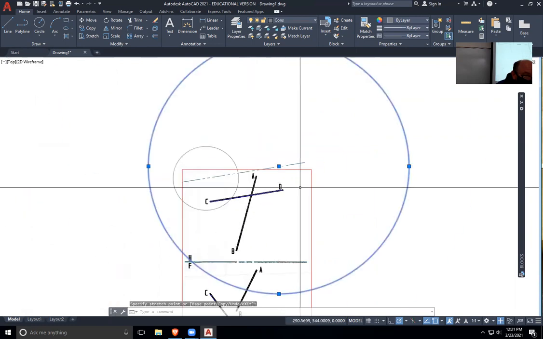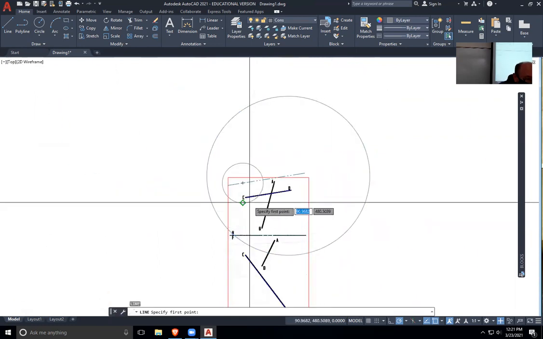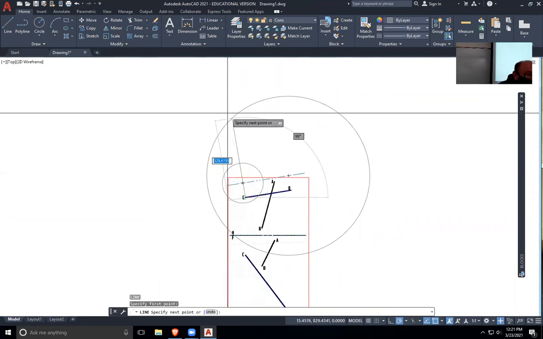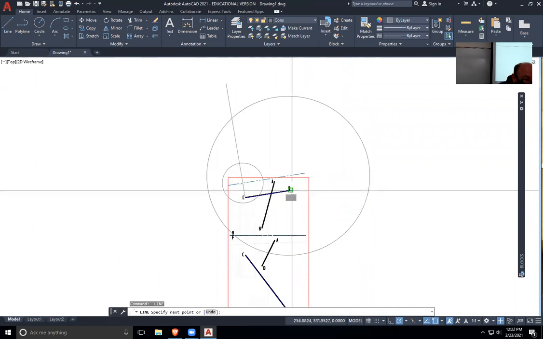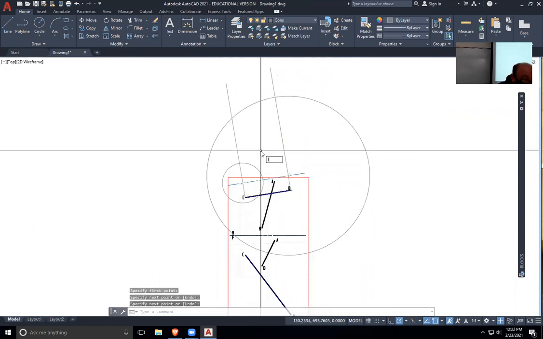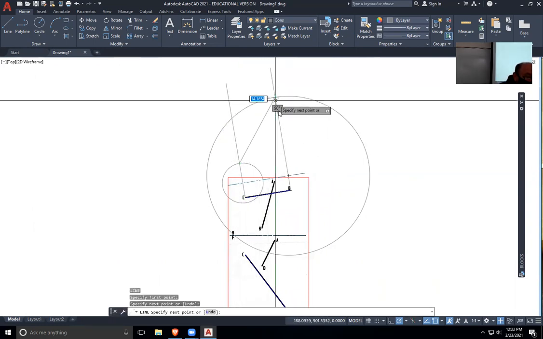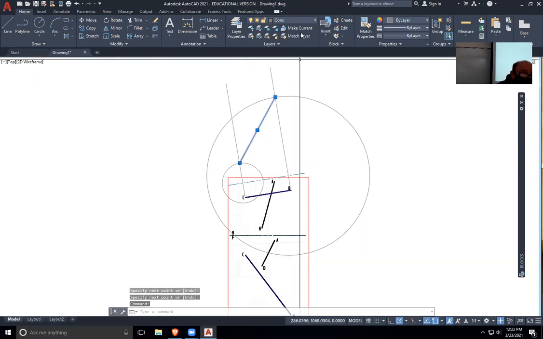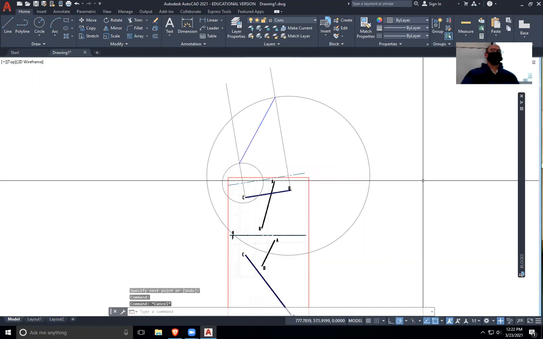There. Guess I also should have drawn these lines first, but that's okay. Perpendicular. There. So now I have line CD. Is that okay? So far, so good?